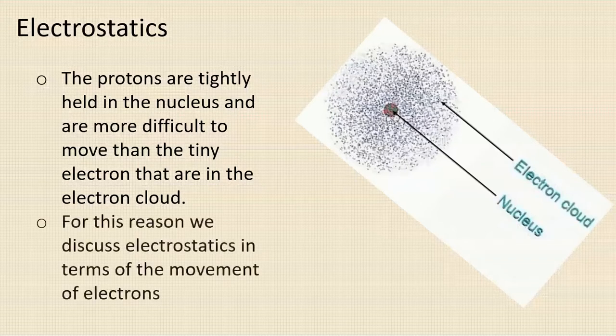So when we talk about electrostatics, we talk about the charges that we might build up in one place or another, or how the charges move from one to another in a spark or a lightning. We're generally talking about the movement of electrons. It's not that protons can't be moved, it's just that typically it's the electrons that really are doing the moving when we talk about charges.